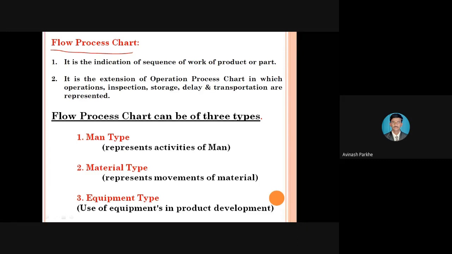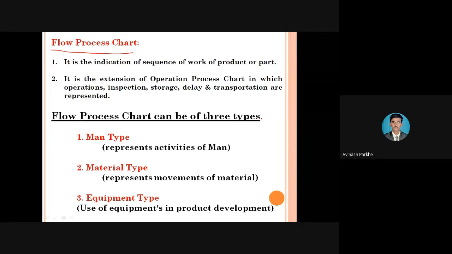For example, your product is moving from one machine to another, from second to third, third to fourth, and that flow is represented by this flow process chart. In addition, the operators and workers are also moving from one machine to another. Whatever movement takes place from one workstation to another is also represented using this flow process chart.